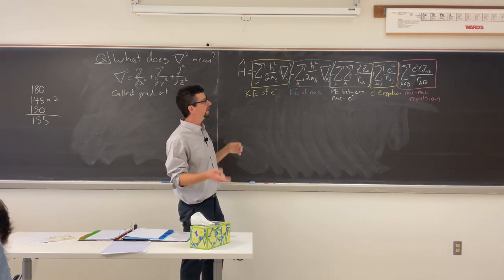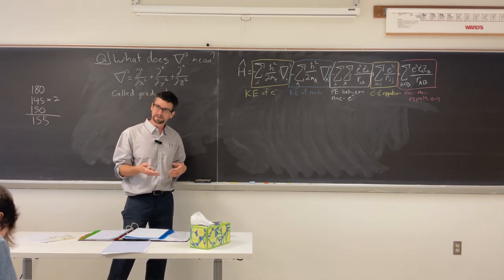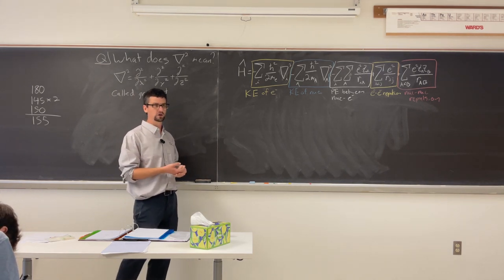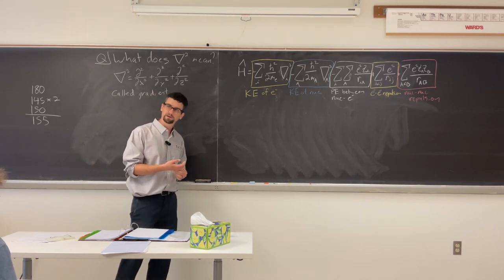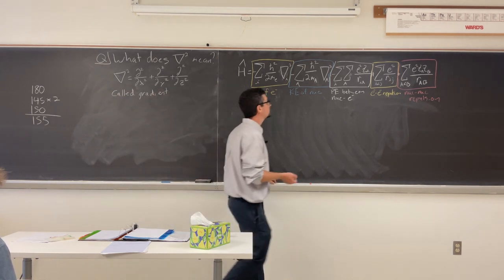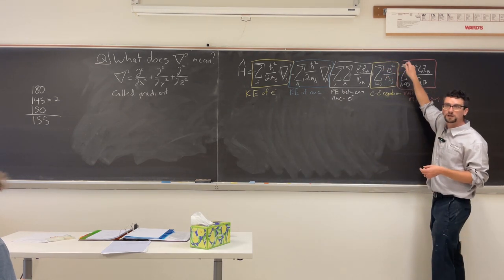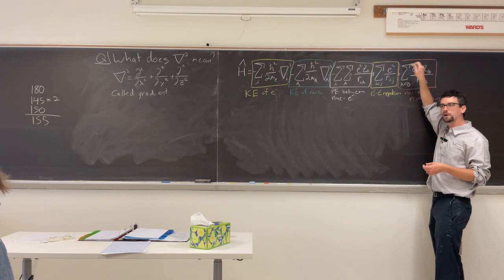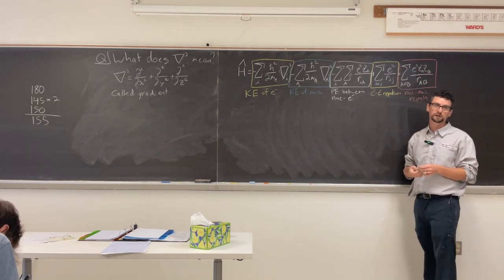In reality, if we had a big enough computer, this wouldn't be impossible except for one term. What one term screws up everything? This term right here screws it all up. It's because of this we can't solve it directly because we have too many unknowns and not enough equations.